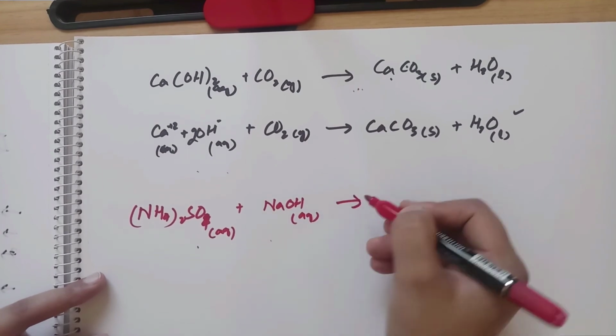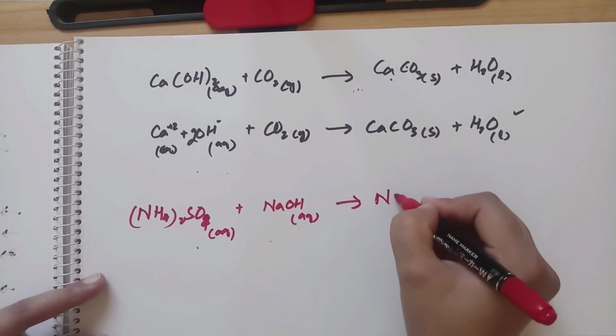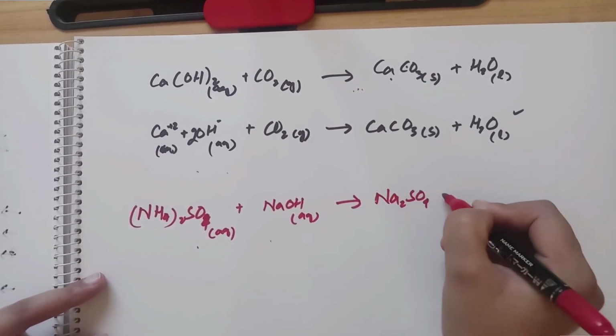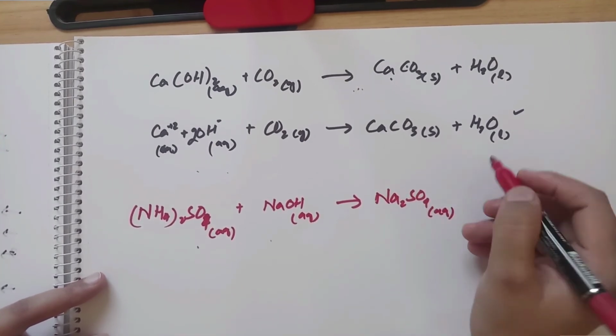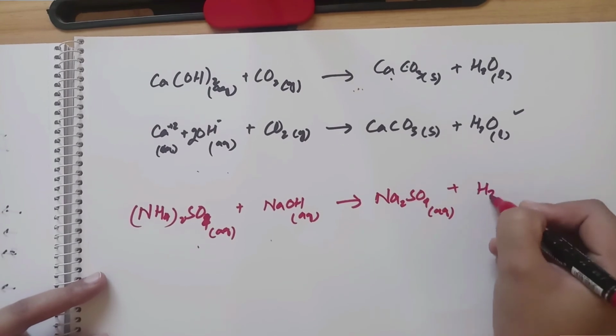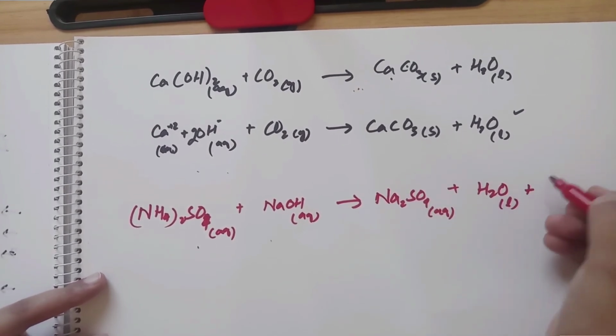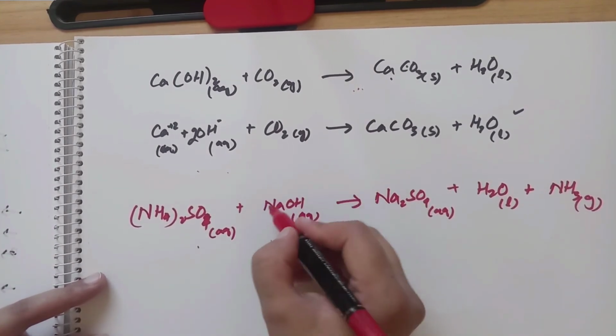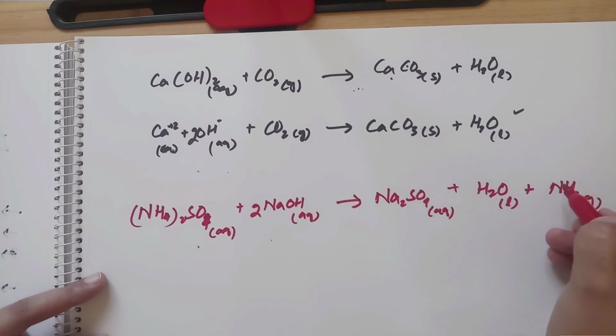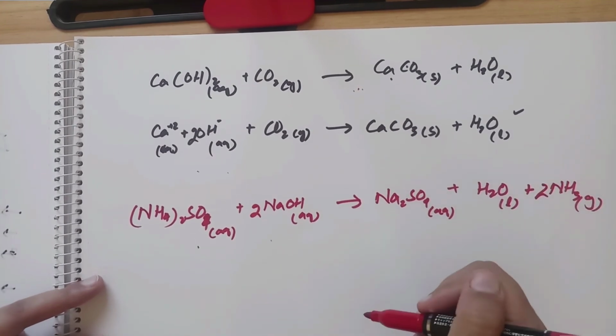They give us sodium sulfate, Na2SO4, and again it is present in an aqueous solution, water, and the last one is ammonia gas, NH3. So to balance this chemical equation, I will write a 2 here and a 2 here. So this is a balanced equation.